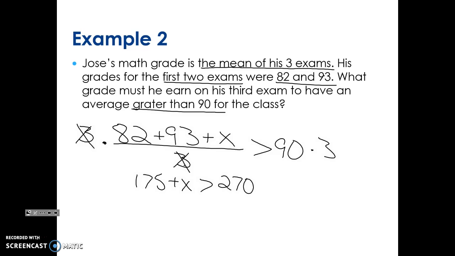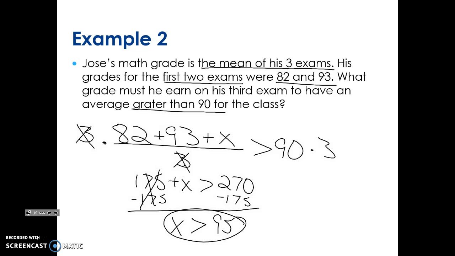270. Okay, so 270. Now, to solve for x, we want to get rid of the 175, so subtract 175 from both sides. The 175s are going to cancel out and leave me x is greater than 270 minus 175, and we're going to get an answer of what? 95.